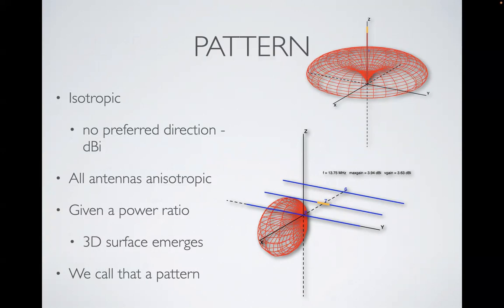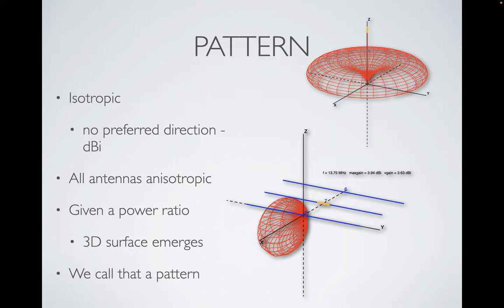All antennas are anisotropic. That's a pretty bold statement, but I think it's pretty true because we live in the real world, not in the ideal world. We talk about idealized isotropic radiators, which means they radiate the same in all directions, but nobody can build one of those because we have finite sizes of things. So they do have preferred directions, and it depends on what the structure looks like as to what the preferred direction is.